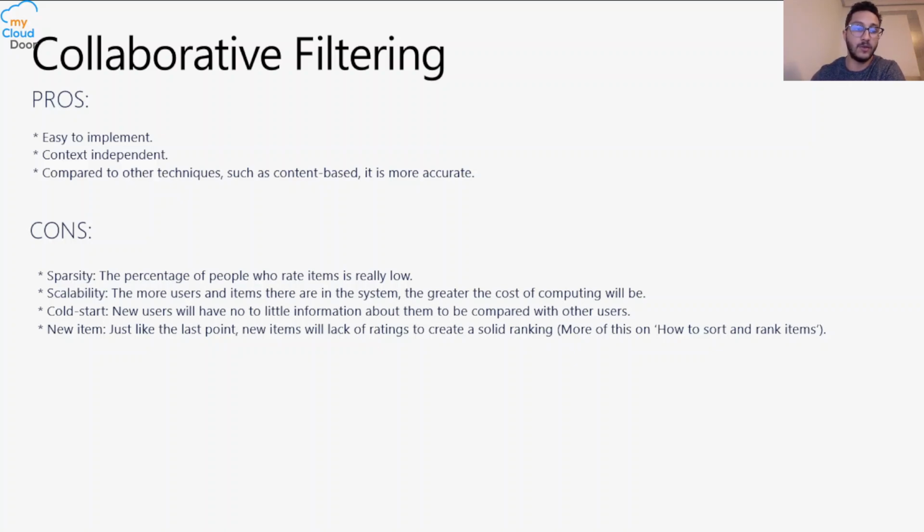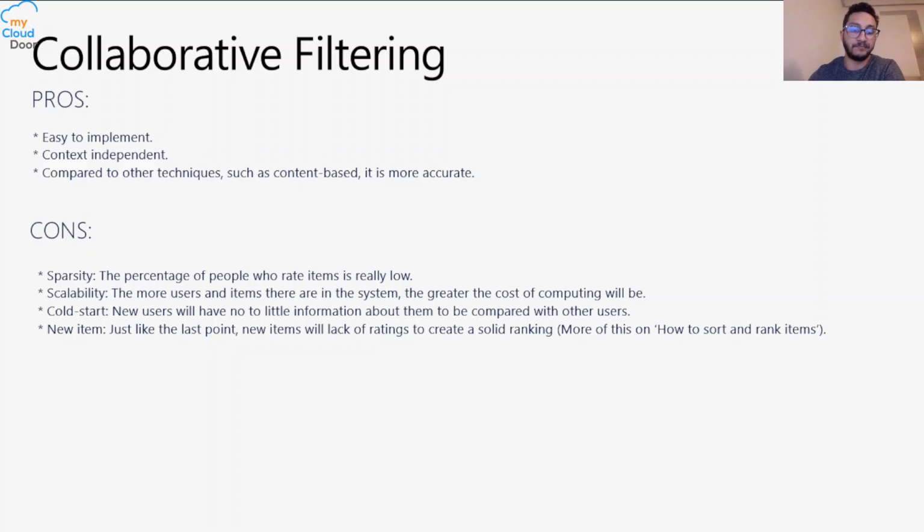And the same thing with the items. If we have a new item, that means practically no one saw the item, no one bought it yet, no one consumed it yet, and there is no ranking, so the item will not be ranked. This is a cold start for the item as well.